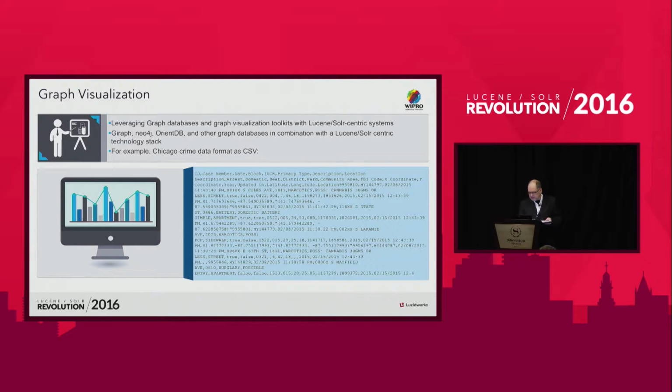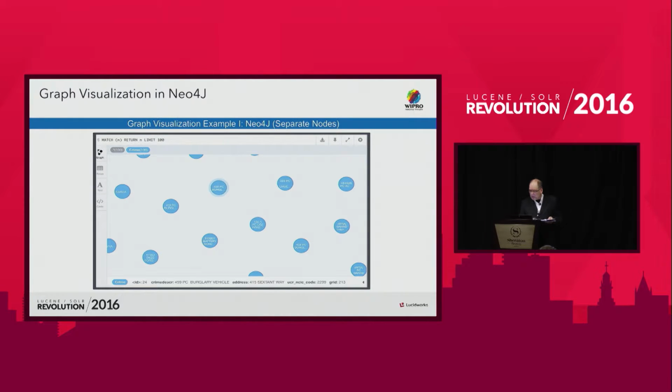Here's just a quick example of some of the CSV data and the crime data. We can throw the crime data at the Neo4j interface once we're done working with it. We can either use the query language with the graph database, or we can use Solr. We can also adjust the display to suit.